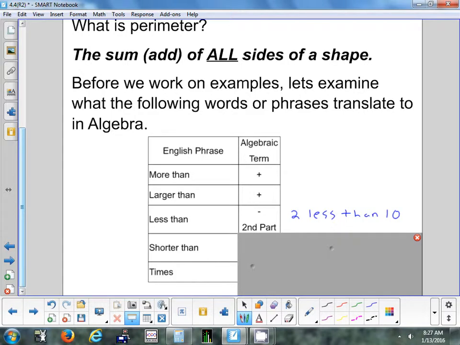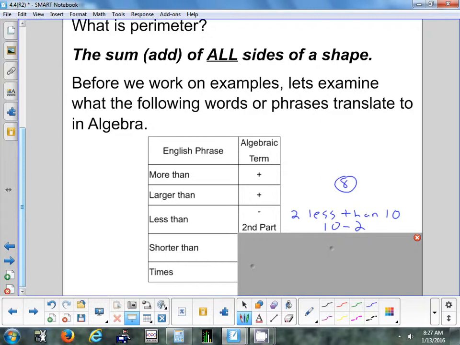Okay, here's an example. Think about the answer to this with numbers. What's 2 less than 10? 8. Okay, 2 less than 10 is 8. How did you get 8? Did you do 2 minus 10 or 10 minus 2? 10 minus 2. Okay, so if you see something like that, you have to switch the order you subtract them in.